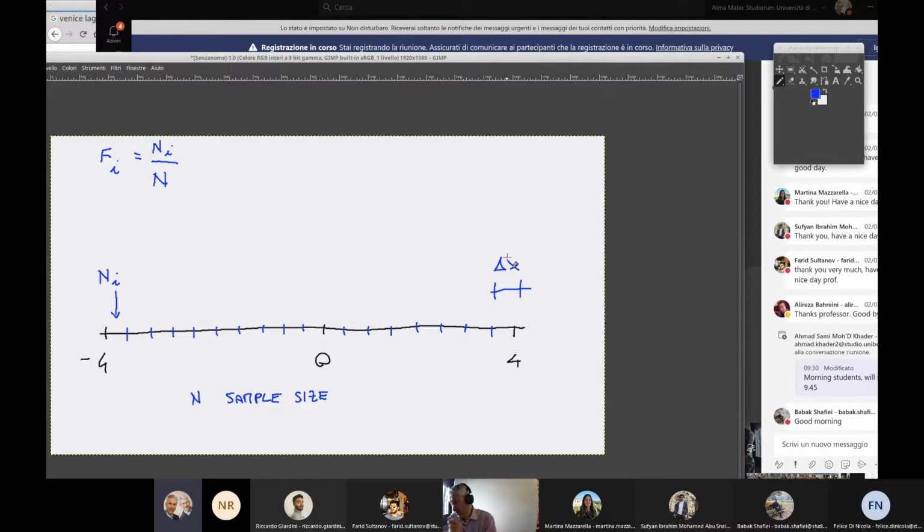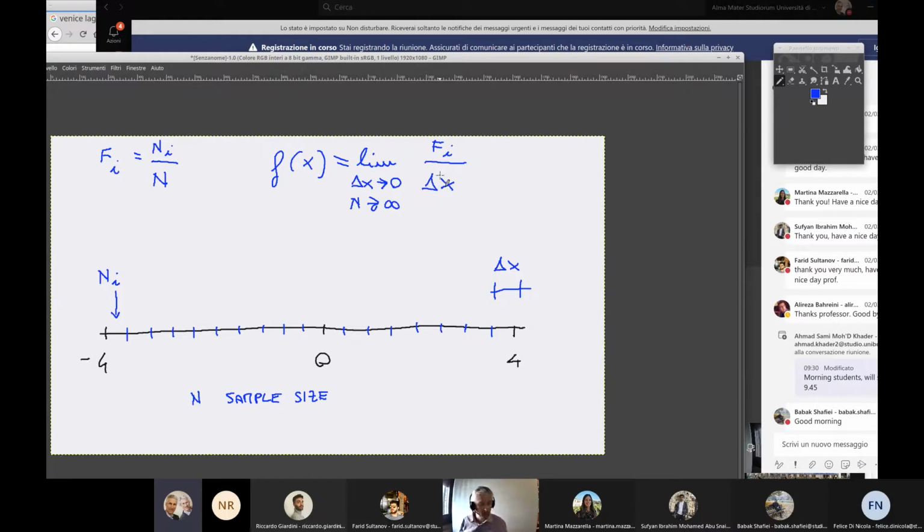Now, in order to compute the probability density f x, remember, the probability density is given by the limit for delta x tending to 0 and n tending to infinity of what? Of the frequency fi divided by delta x.